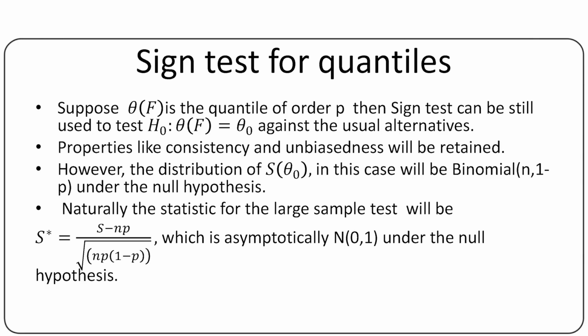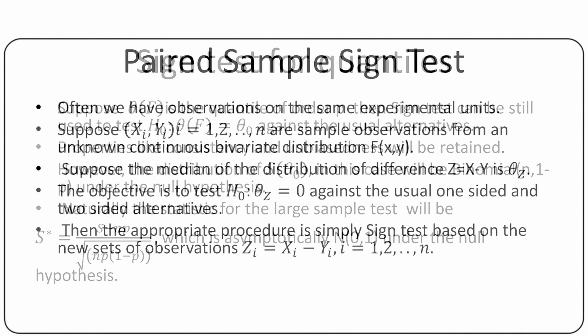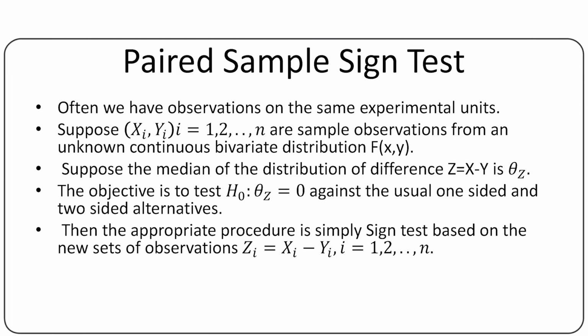However, the distribution of S theta naught in this case will be binomial with parameters n and 1 minus p under the null hypothesis. Naturally, the statistic for the large sample test will be S star equal to S minus np, whole thing divided by square root of np into 1 minus p, which is asymptotically normal 0, 1 under the null hypothesis.